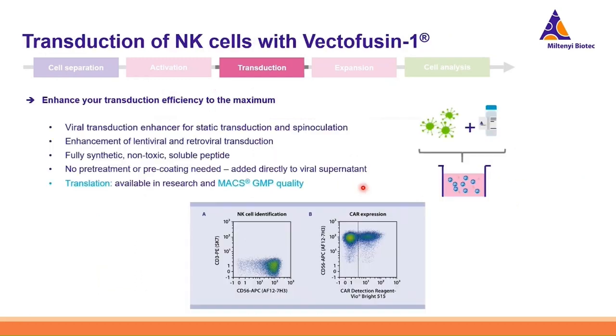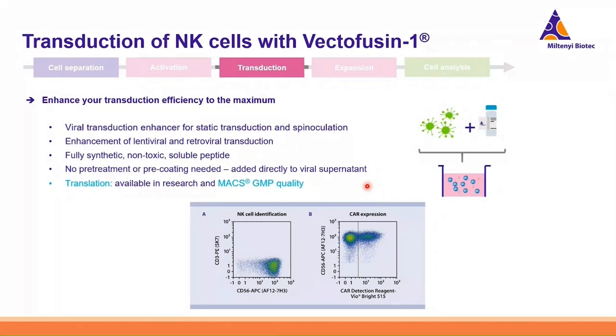Just some more background information for Vectofusin-1. It's a viral transduction enhancer and can enhance lentiviral and retroviral transduction. It is a fully synthetic, non-toxic, and soluble peptide. And also one important note, it is very easy to apply as no pre-treatment or pre-coating is needed.